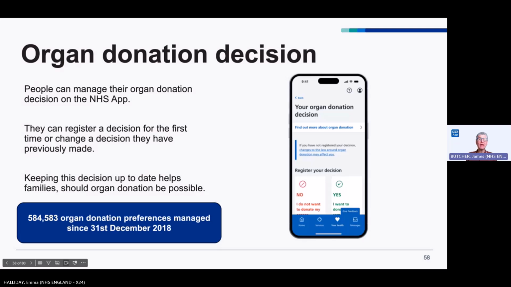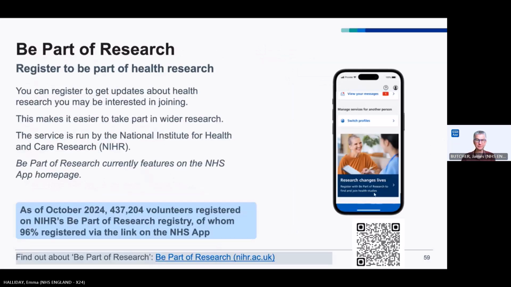Another one to call out here is the organ donation decision. Organ donation preferences can, of course, be managed by the app, whether that is selecting for the first time or changing the decision. There is also being part of research, and you can see a statistic on the page: as of October 2024, over 400,000 volunteers were registered.